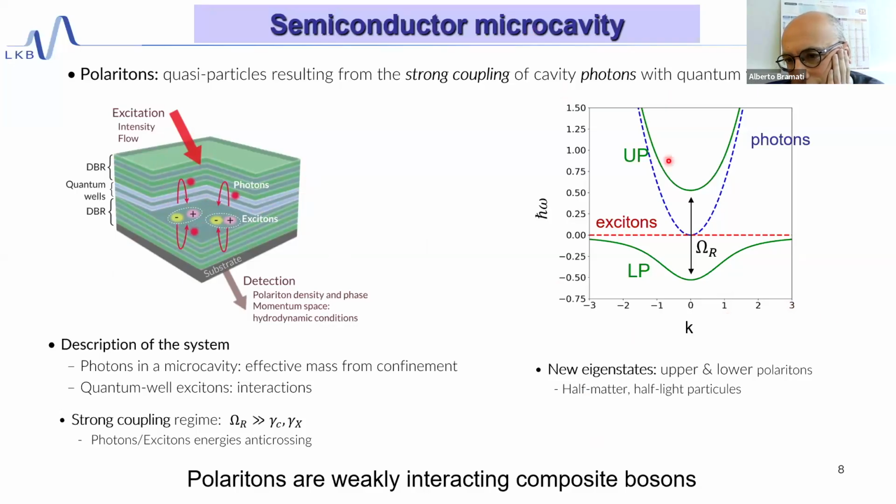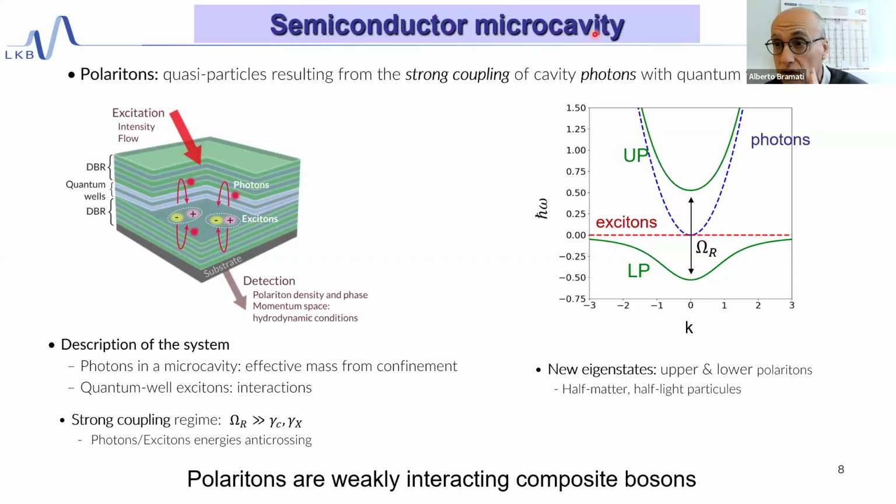Then we can see here in blue, this parabola is the dispersion curve of the uncoupled photon, so the photon in the cavity. And we see that due to the fact that the photons are confined in the cavity, they acquire an effective mass. Indeed, they have a dispersion which is parabolic, like a dispersion of a massive particle.